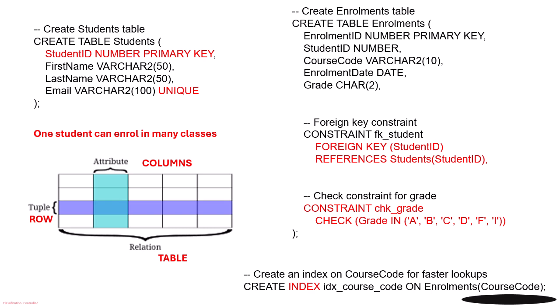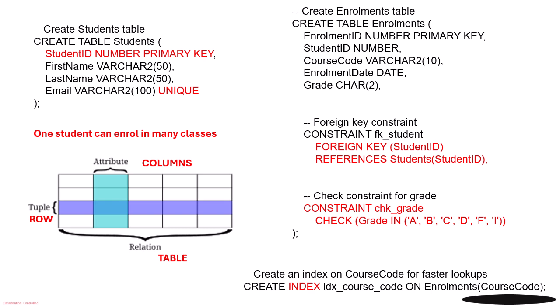Now let's look at these two tables. One is students and another one is enrollments. As we know, each student can enroll into multiple classes. So you can see here, student ID is unique. Primary keys are both unique and they can't be null.